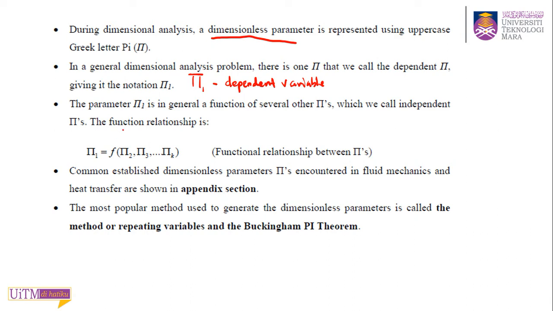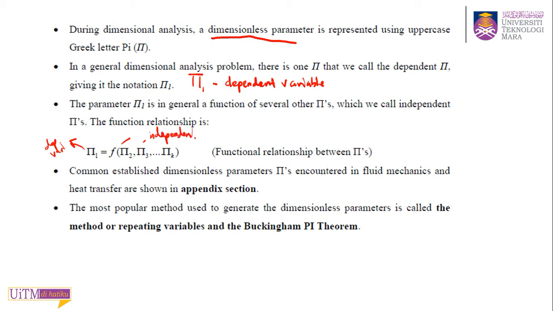And the functional relationship is: pi 1, which is the dependent variable, is a function of pi 2, pi 3, and so forth, depending on how many pi's the equation has. So this pi 2, pi 3, pi 4, whatever, are the independent pi.